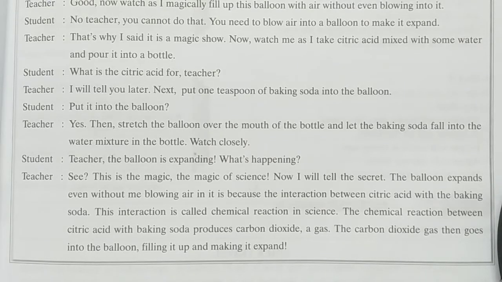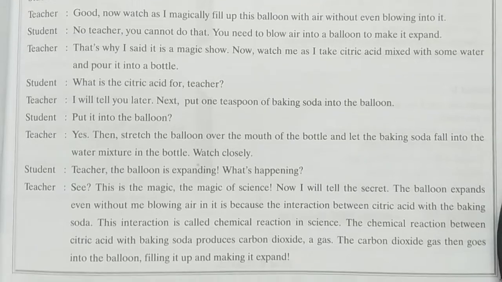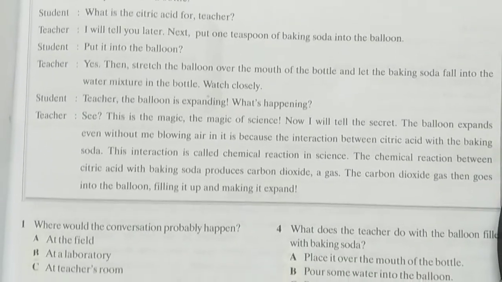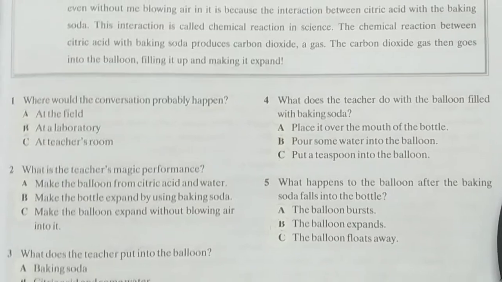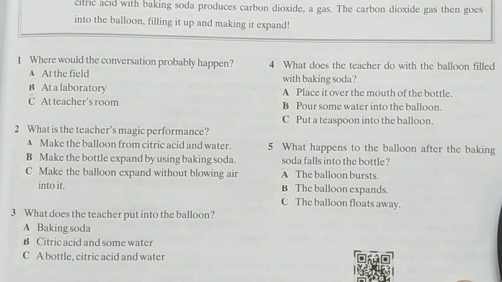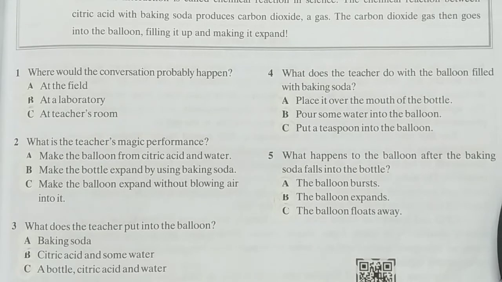So now we have gone through the conversation. Let's look at the questions. There are 5 questions here, as you can see. Question 1. Where would the conversation probably happen? Well, the students and the teacher are having some kind of experiment.